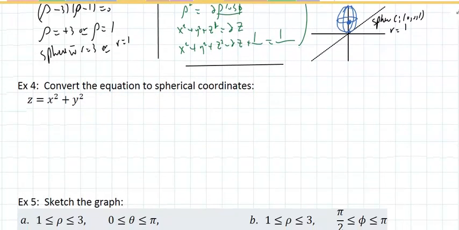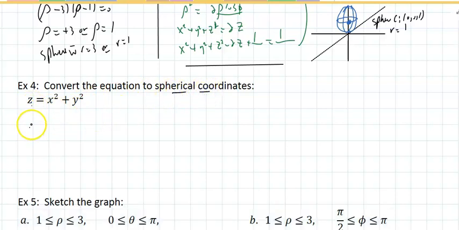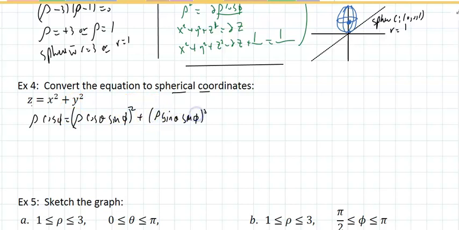And if I was to convert the equation to spherical coordinates, well, z is rho cosine of phi, x is rho cosine of theta sine of phi, so (rho cosine theta sine phi) squared plus (rho sine theta sine phi) squared, and rho cosine of phi equals rho squared cosine squared of theta sine squared of phi plus rho squared sine squared of theta sine squared of phi.